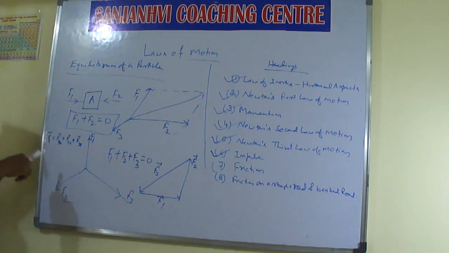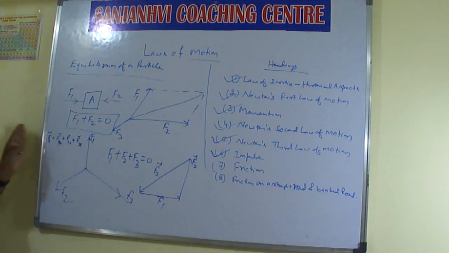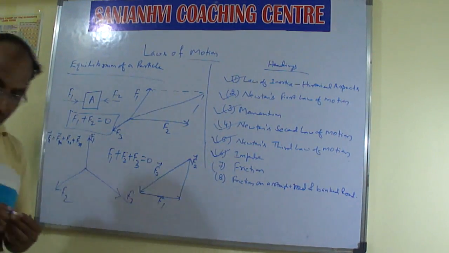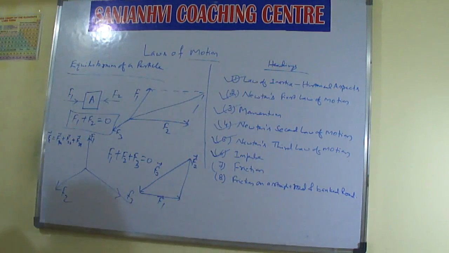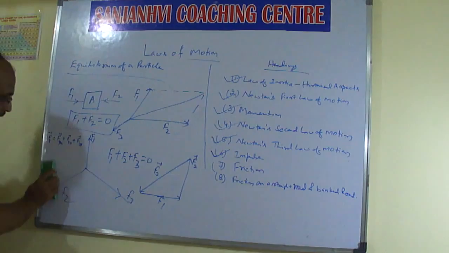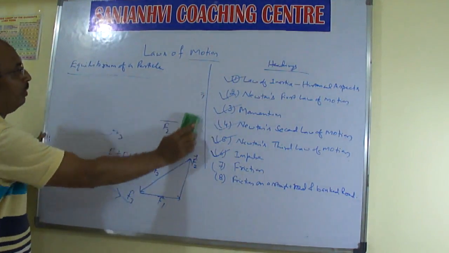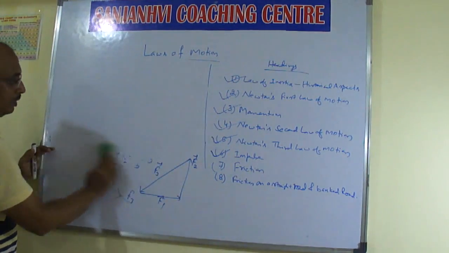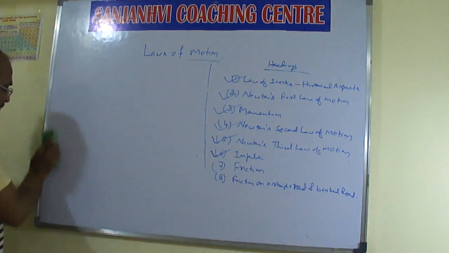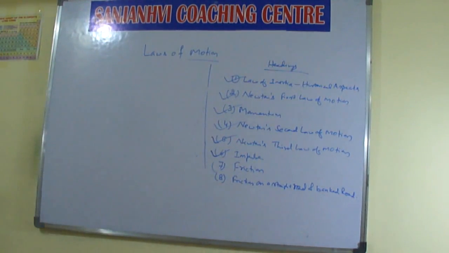Similarly Y component, F1y, F2y, F3y, Z component, F1z, F2z, F3z, all will be together. So Fx component, Fy component, Fz component. When we will solve some of the questions, then you will understand. So these are general concepts for equilibrium of a particle. Only you need to understand. That's all.